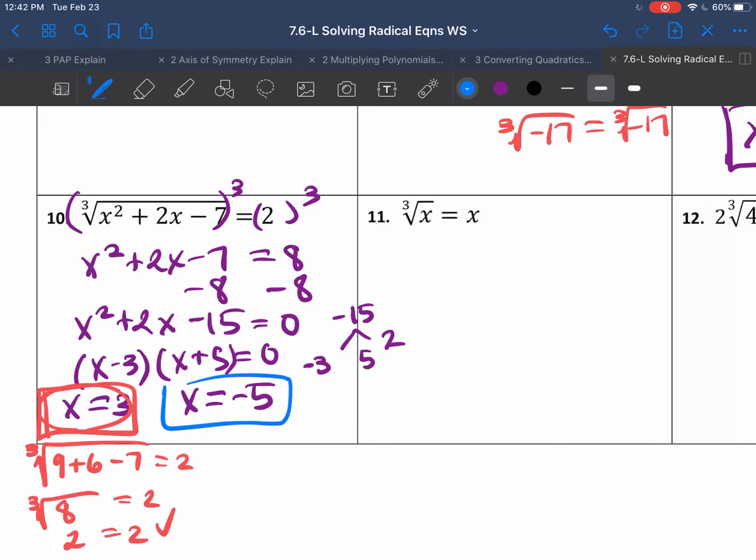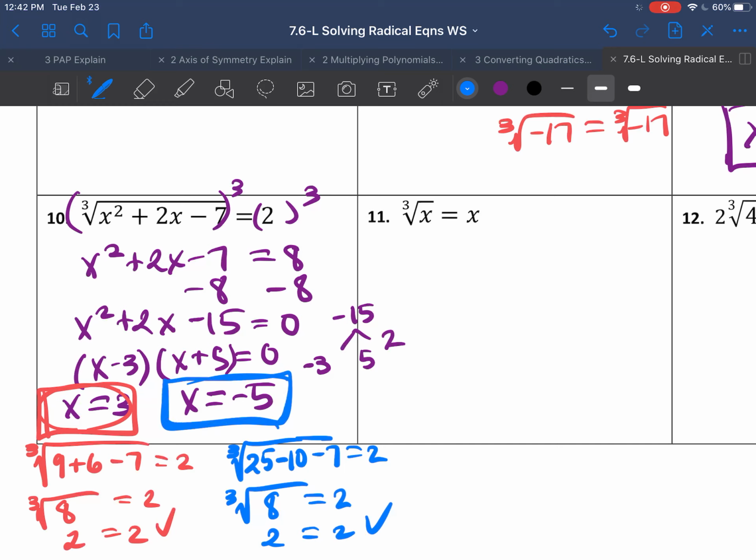Next, let's check x equals -5. I would get cube root of 25 minus 10 minus 7, which is cube root of 8, which is 2. Which matches the right-hand side. And so x equals -5 also works.